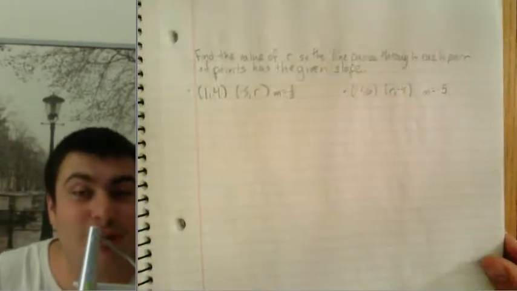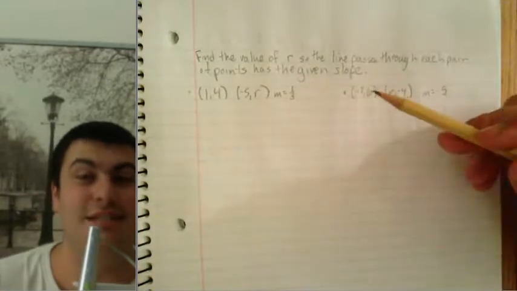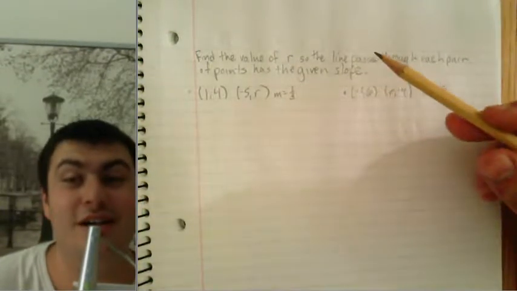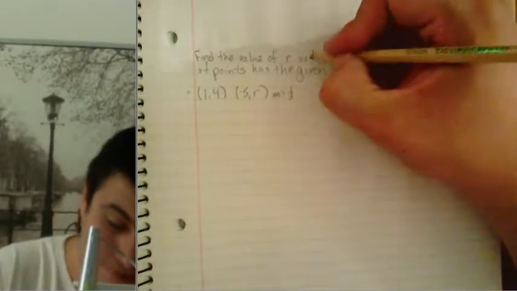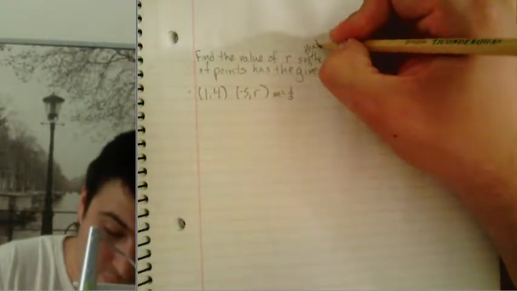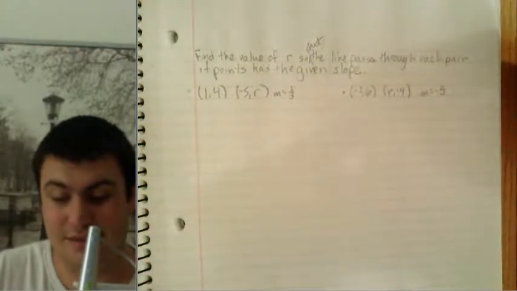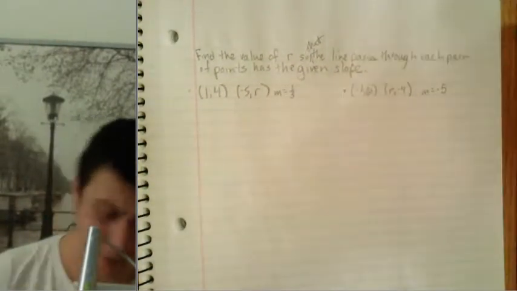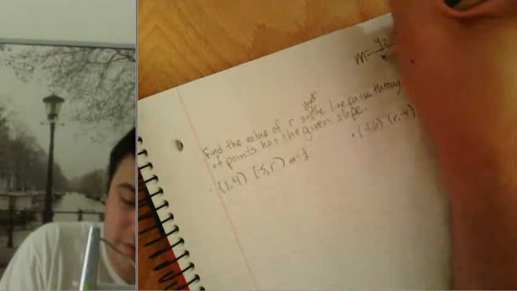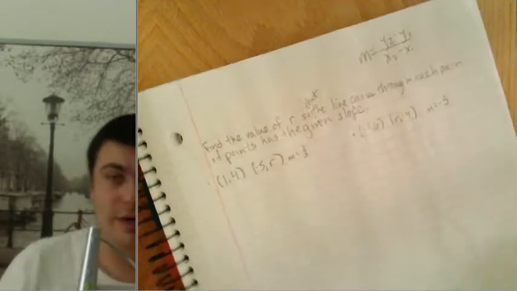Now, we could have a situation where we're given the slope and we have to find one of the coordinates that's missing. So we have to find the value of r so the line passes through each pair of points and has the given slope. That doesn't really make sense, but you know what I mean. So we're going to use, remember, our slope m equals y2 minus y1 over x2 minus x1.